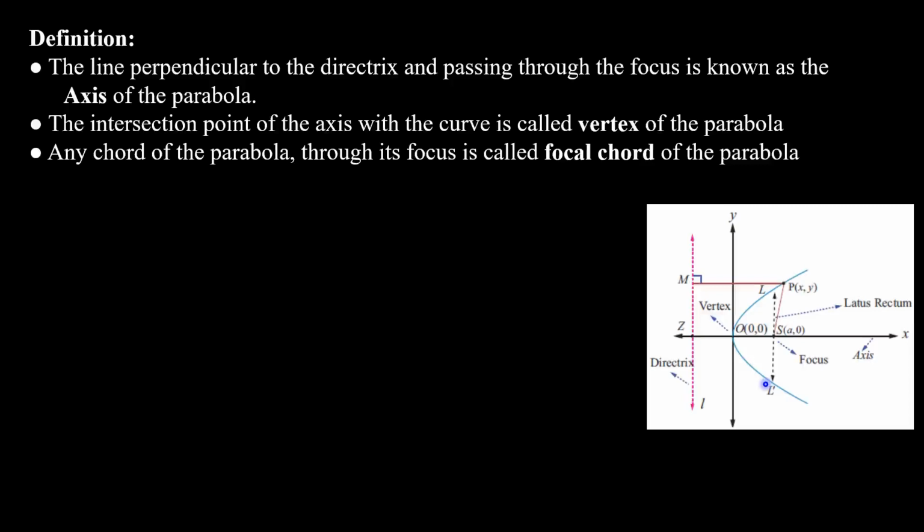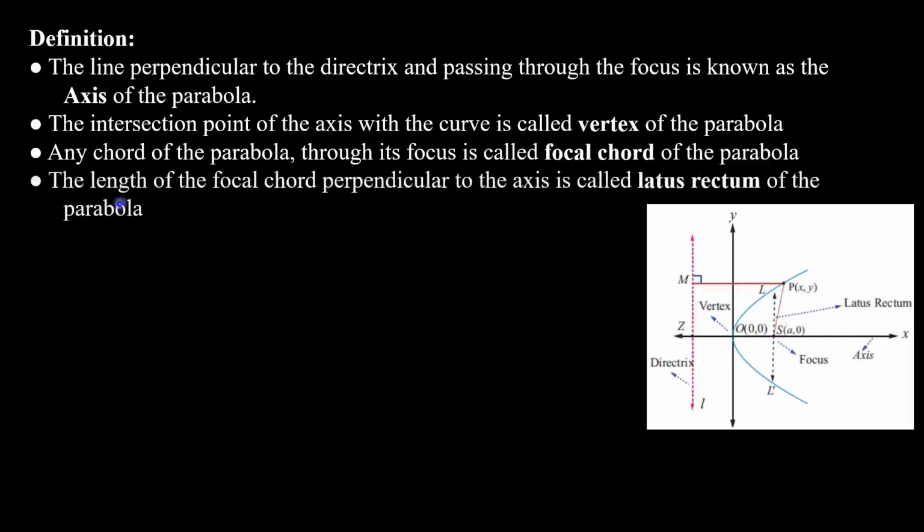That chord is called the focal chord. That is nothing but the chord which passes through the focus is called the focal chord. Now the length of the focal chord perpendicular to the axis. If you consider one focal chord which is perpendicular to the axis, it is called the latus rectum of the parabola.